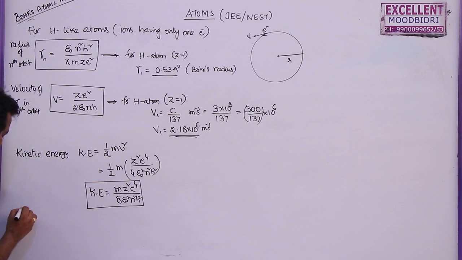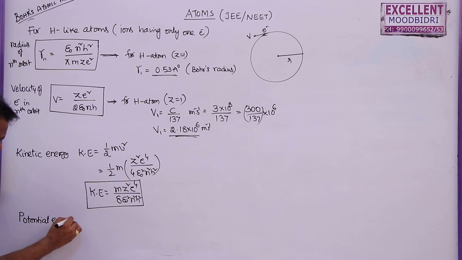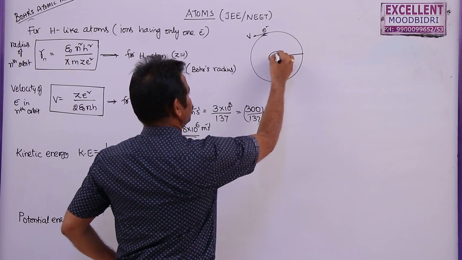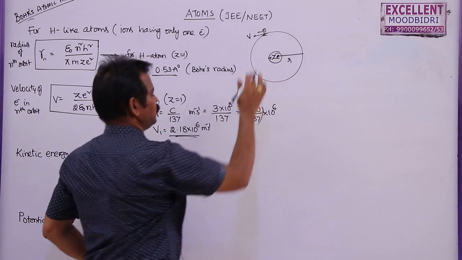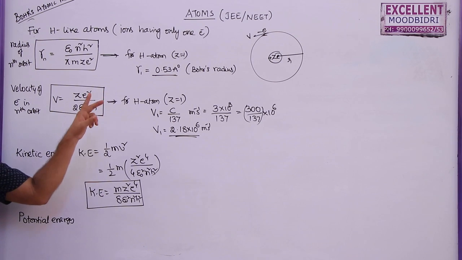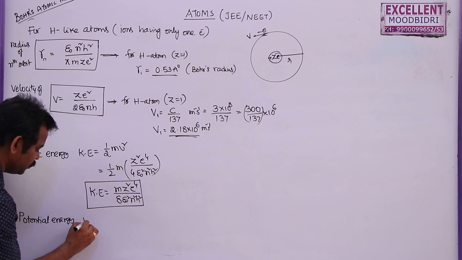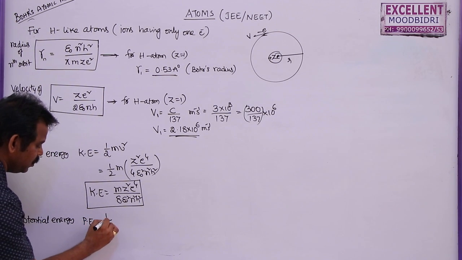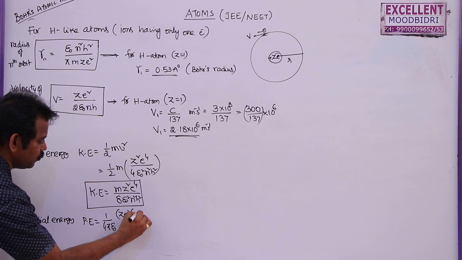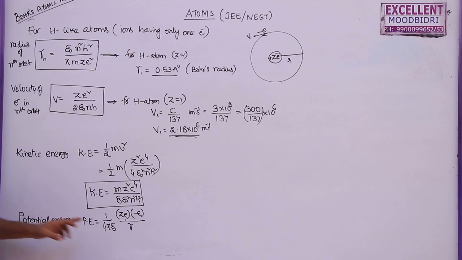After this, we can find out the potential energy of the electron. The potential energy of the electron is nothing but that of the system. Here we have Ze, which is positive, and the electron has negative charge. The potential energy between two charged particles is given by 1 by 4 pi epsilon naught times the product of the charges by the distance between the two charges. So PE is given by 1 by 4 pi epsilon naught, Ze into minus e by r. But what is r here?